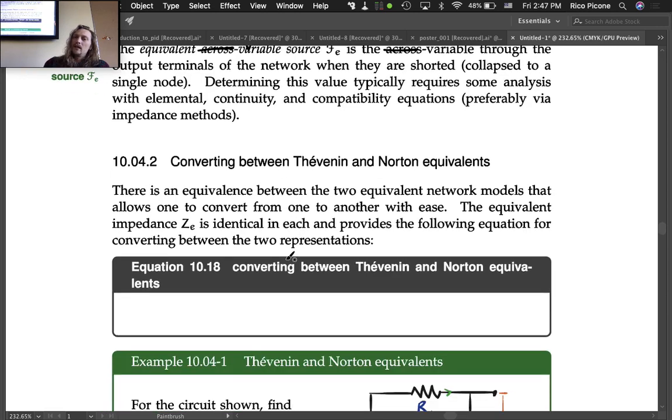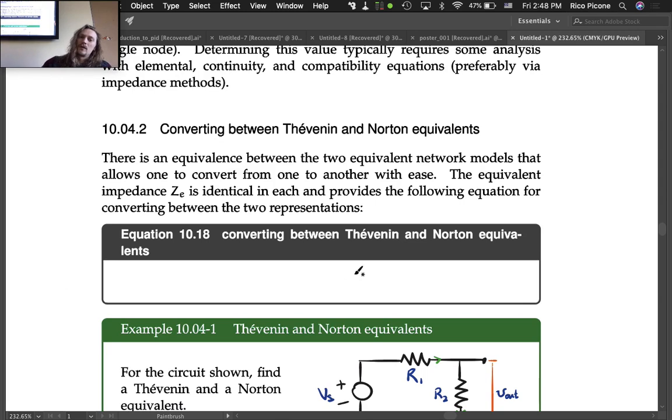Converting between Thevenin and Norton equivalents. There's an equivalence between these two network models that allows one to convert from one to another with ease. The equivalent impedance ZE is identical in each and provides the following equation for converting between the two representations.